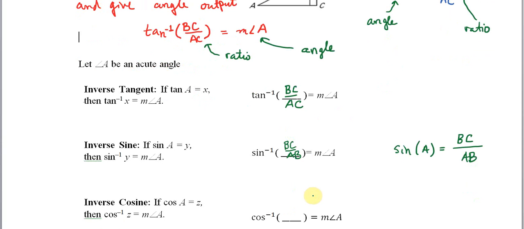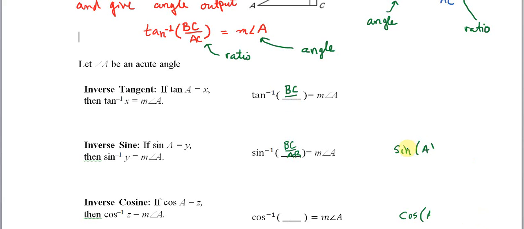All right, now let's continue. Same idea with the cosine ratio. If the cosine of angle A is equal to some number z, then the cosine inverse of that number is equal to the measure of angle A. So in order for us to fill in this blank here, well, the cosine inverse of what is equal to the measure of angle A? That's the same thing as asking the cosine of A is equal to what?